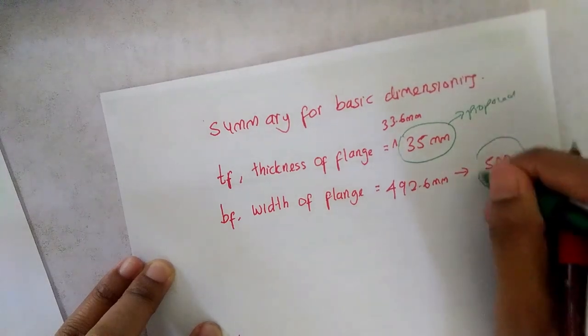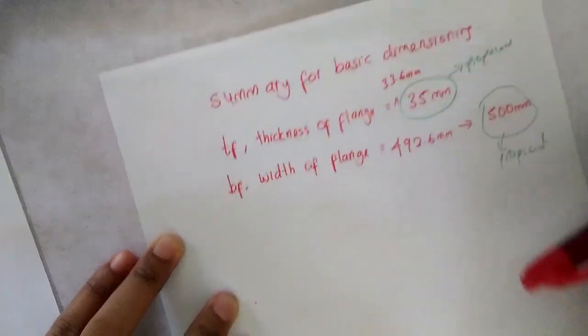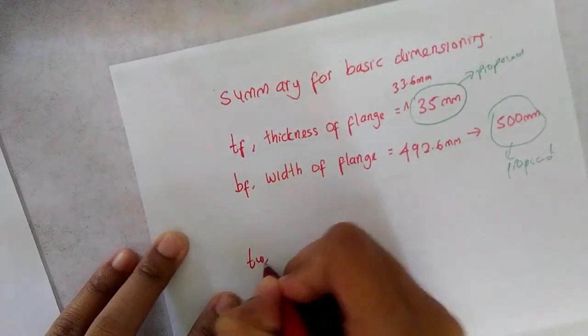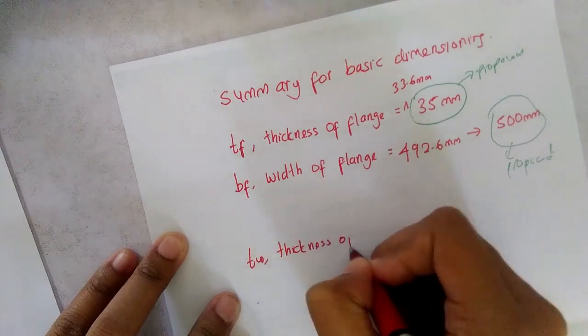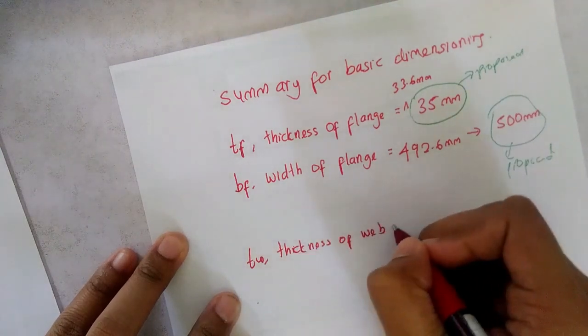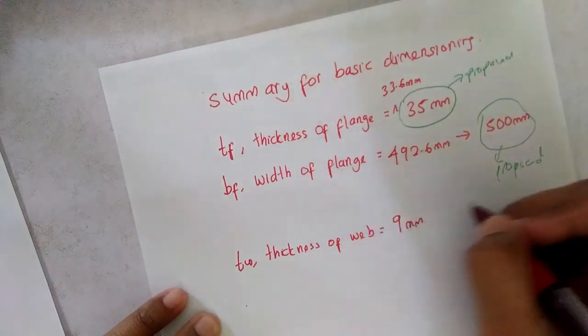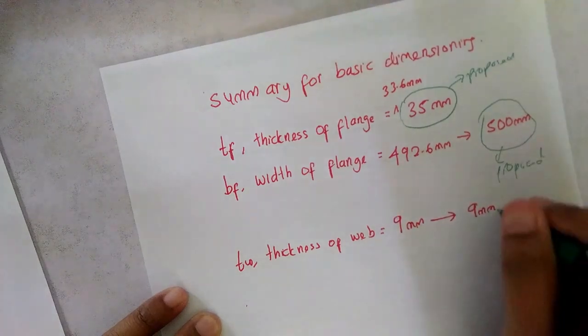Again, this is a proposed value. Then you have the thickness of web, TW, which is 9 mm, and we also propose it to be 9 mm.